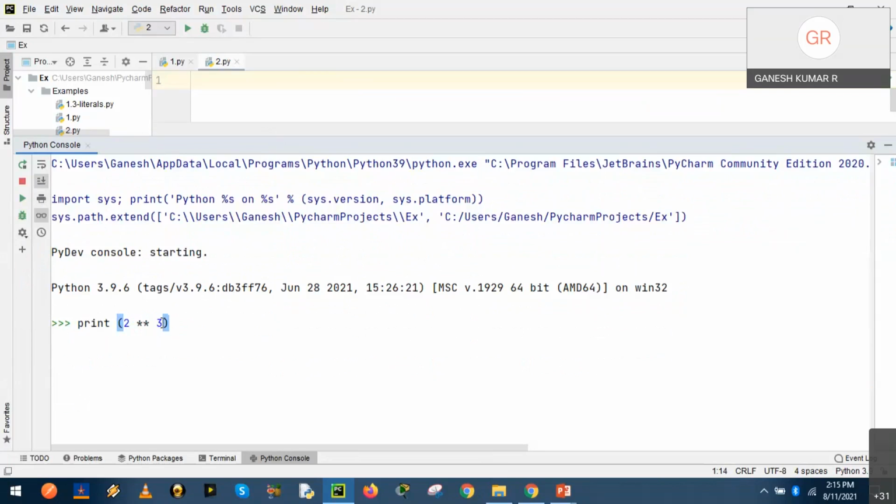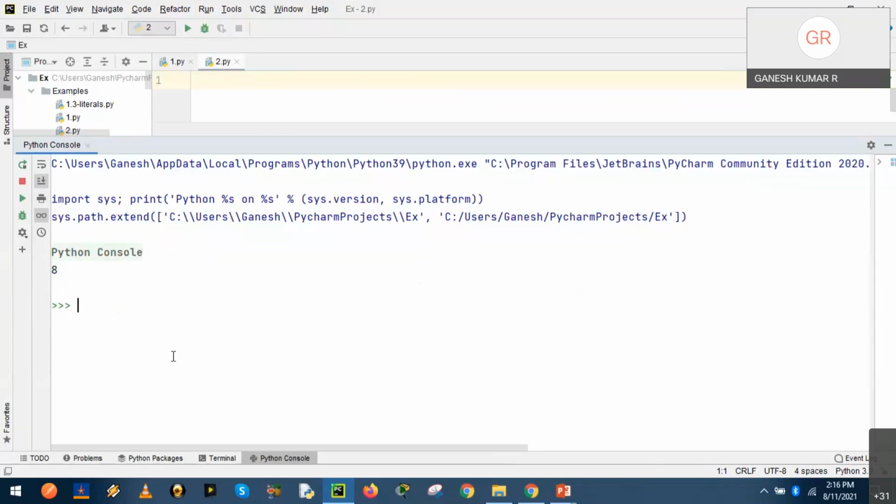The double asterisk is the exponentiation, I mean the power operator. Its left argument is called the base and its right is called the exponent. Fine. So print, enter, and we get the output. 2 power 3 is equal to 8.